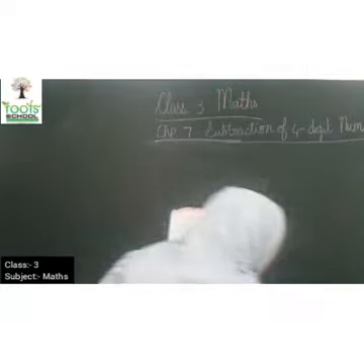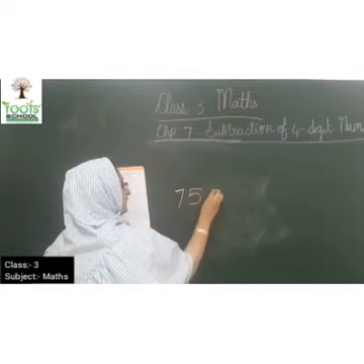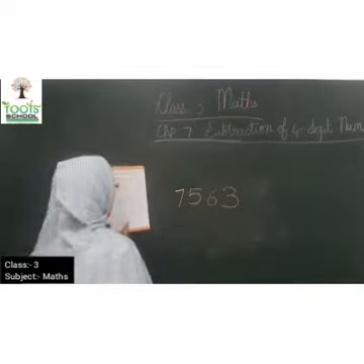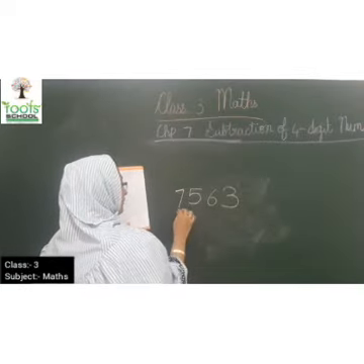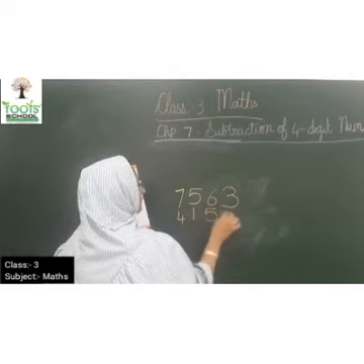How will we find this? Points earned by Anita is equal to total points minus Nishu's points. Okay, so we will get the points earned by Anita. What are the total points scored by them? 7,563. And what is the points earned by Nishu? It is 4,150.